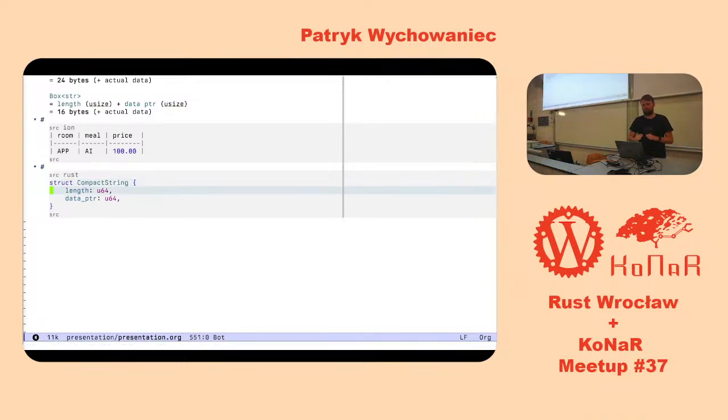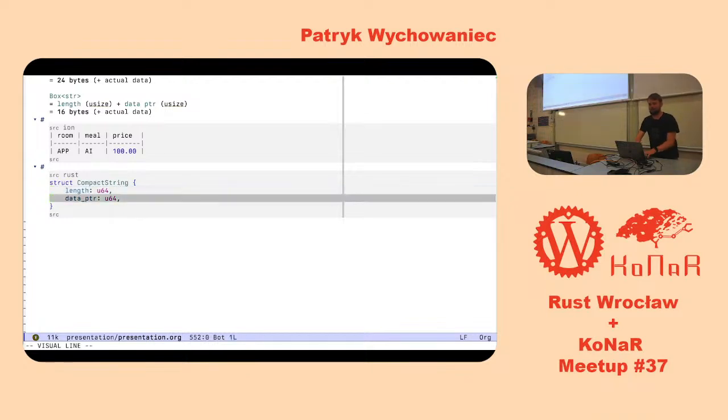But it boils down to the fact that we can create our own string where we encode some of the data within it. For instance, if we define it like that, we can say that if the length is U64 max, then instead of allocating data, we can store 8 characters in here, because a U64 is just 8 times U8.